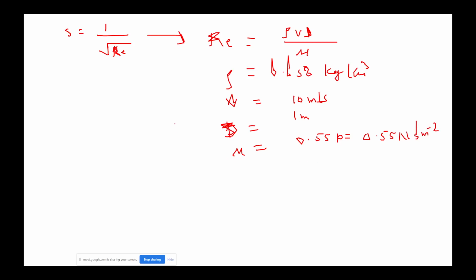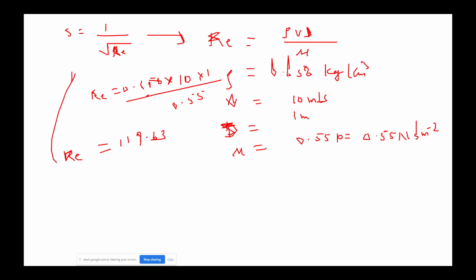Now when you calculate this, in the formula Re equals 0.658 multiplied by 10 multiplied by 1 divided by 0.55. So it will come 119.63. It is the value of Re. Again you have to put this value into this equation.